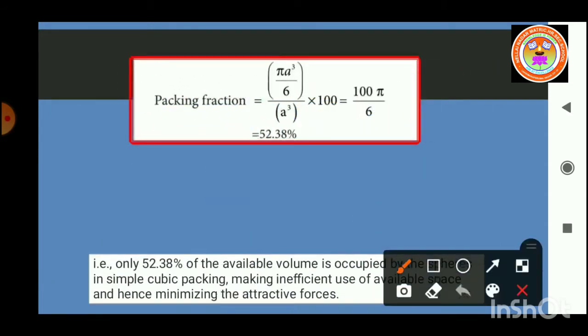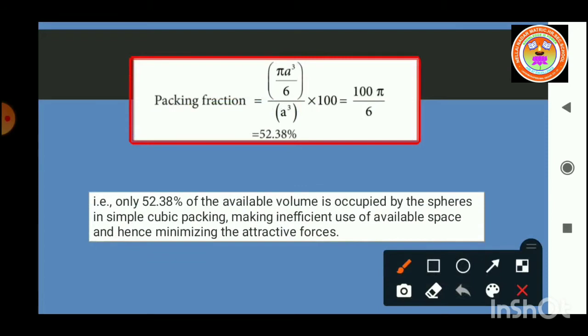What is the formula to calculate the packing fraction? The total volume occupied by spheres in a unit cell, that is pi a cube divided by 6, divided by the volume of the unit cell, which we calculated as a cube, into 100.